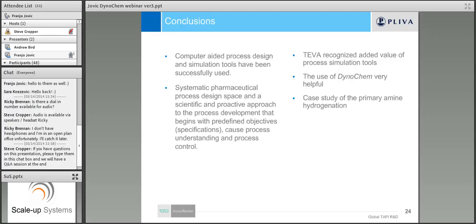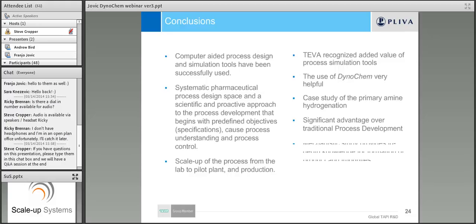I also showed you that a systematic pharmaceutical approach to process development could be really useful if you begin with predefined objectives, if you define specifications and you define the process space which is allowed, and you will be able to control your process. I showed that on the case of primary amine hydrogenation.